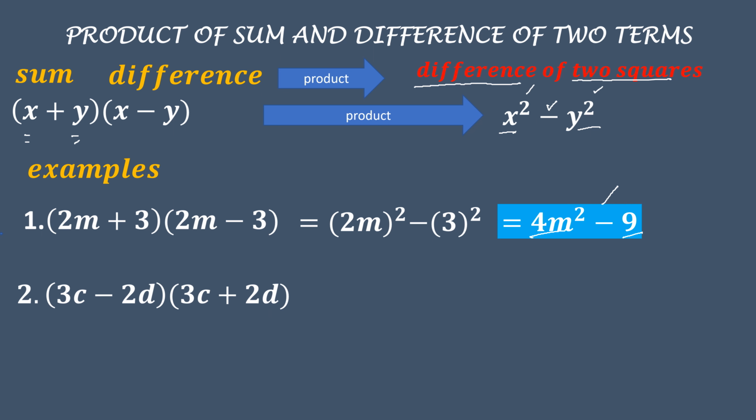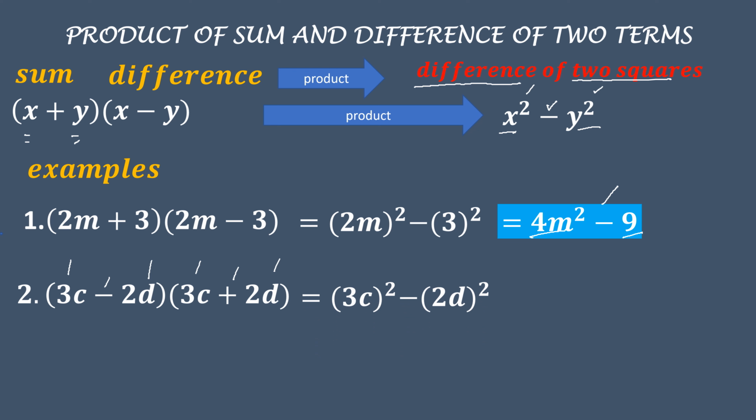Okay, let's proceed to example number 2. Checking them, if they follow the steps: the first terms, 3c, are equal or the same, and the 2d and the positive 2d are the same. Are they of opposite signs?